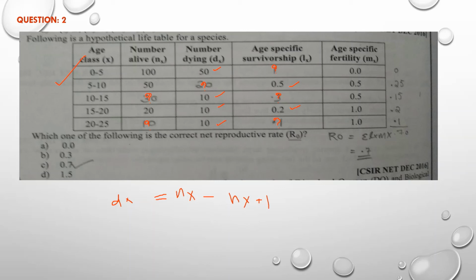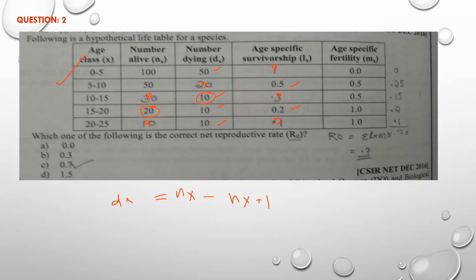So we can calculate Nx value for 10 to 15 age class. We know the Dx for 10 to 15, that is 10, and Nx for 15 to 20, that is 20. So Nx of 10 to 15 age class is 20 plus 10, 30.